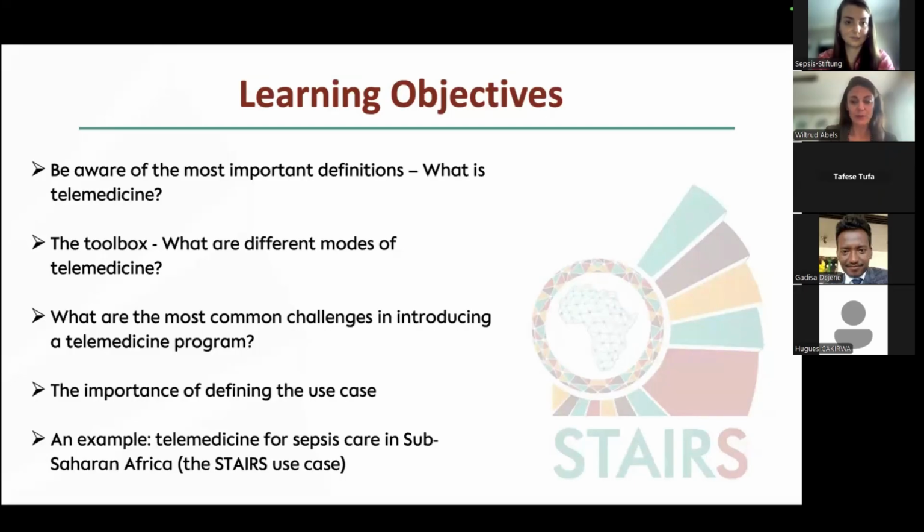It is important to define what you are going to use the telemedicine for. And at the end, I am, as an example, gonna show you a little bit of what we are at the moment trying to implement in the STAIRS project in terms of telemedicine for improved sepsis care in Sub-Saharan Africa. So bear with me. This is our program for today.